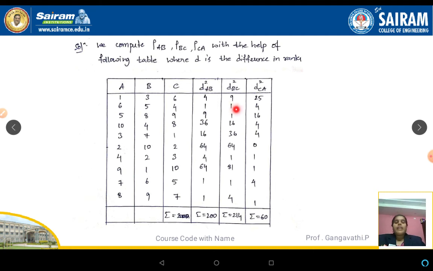Likewise, evaluate it for all these values of ranks and enter the squared differences in this table. Summing all the differences, we get 214. Similarly, D squared for CA, the difference between the evaluations of judge C and judge A, entering the data and summing up, we get the value 60.